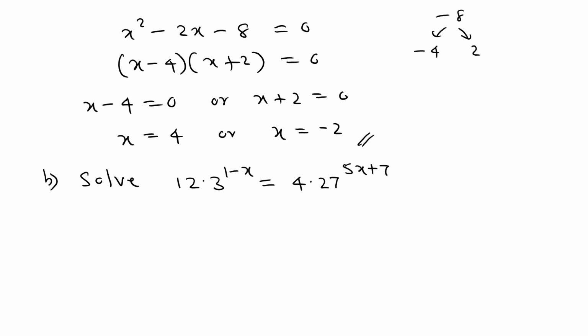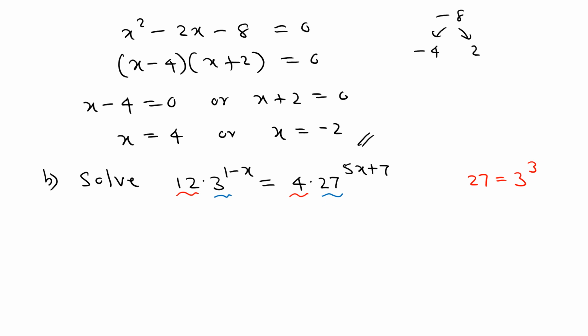You can see that there's a number you multiply with that doesn't have an index, the index is 1. Also these two terms have different bases. So you try to figure out whether you can rewrite this using one base. It looks like you can rewrite all of them using 3. The reason is we know that 27 is 3 cubed. Because of that, we may rewrite this using only base 3.